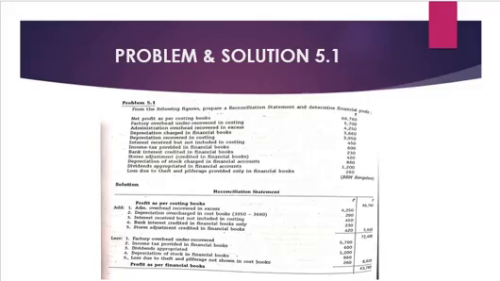After that you have the next sentence given to you: income tax provided in financial books. That means this expense is shown only in financial books. It is not shown in cost books. So if the expense is not shown in cost books, that means in cost books there are less expenses.